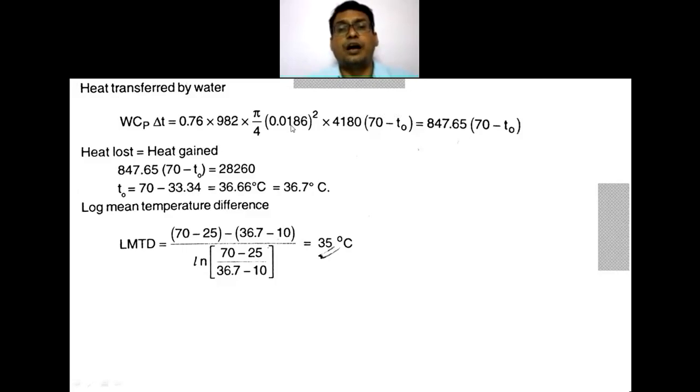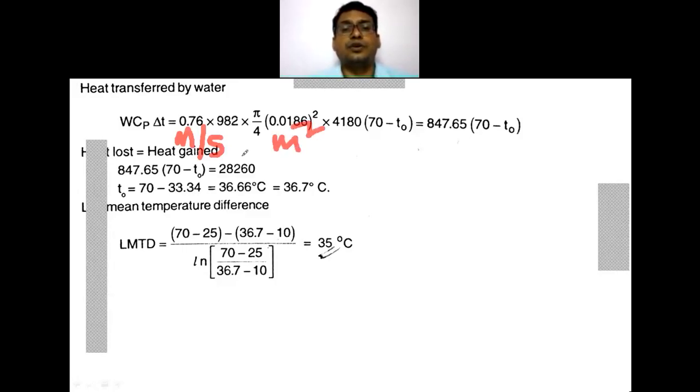Velocity into area gives the volumetric flow rate, in meters per second into meter square, and the density has units of kg per meter cube. And this is the Cp and this is the delta T. The outlet temperature of the hot fluid is not mentioned.